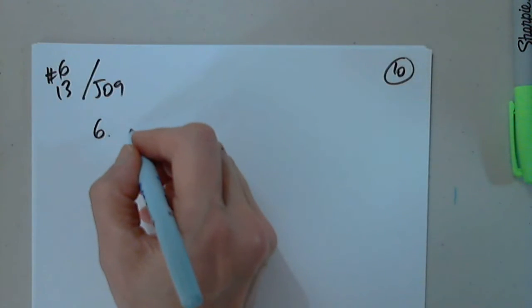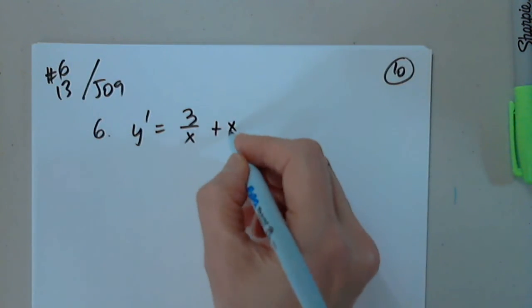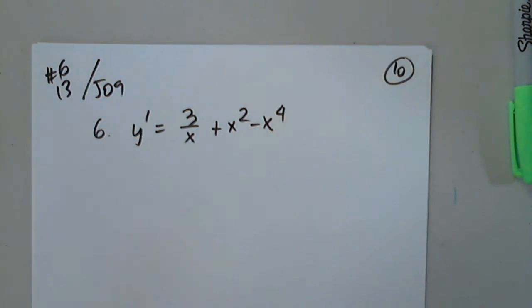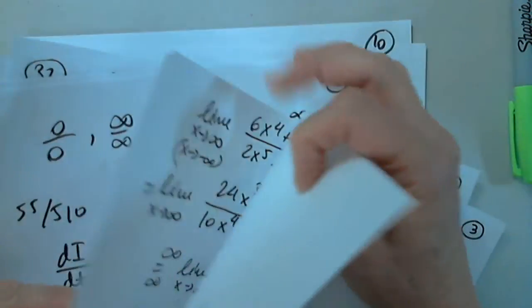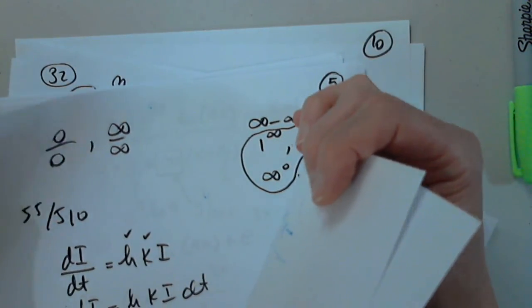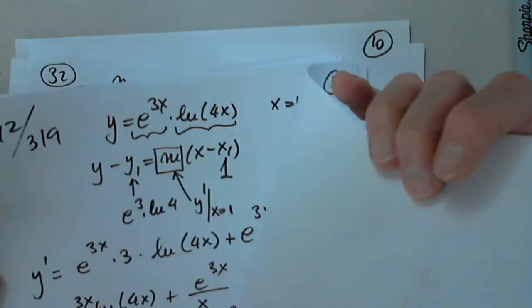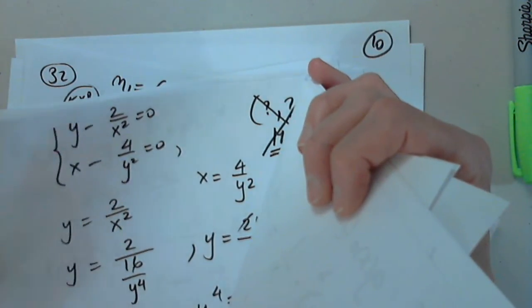So in 6 we have y prime. I'm just now checking my memory. I think we did this, but I'm checking my memory. I'll do it as many times as we need, but I need to check my memory, if we did this last time.